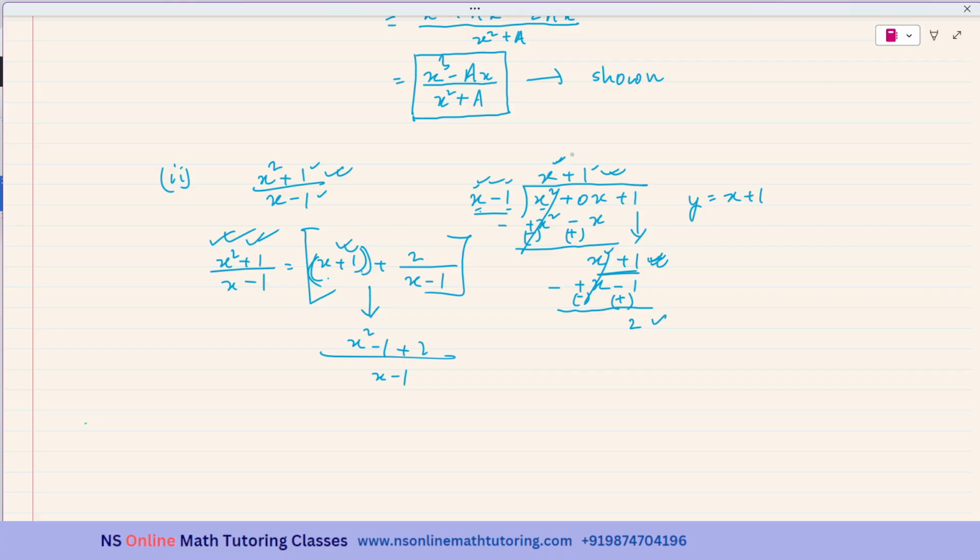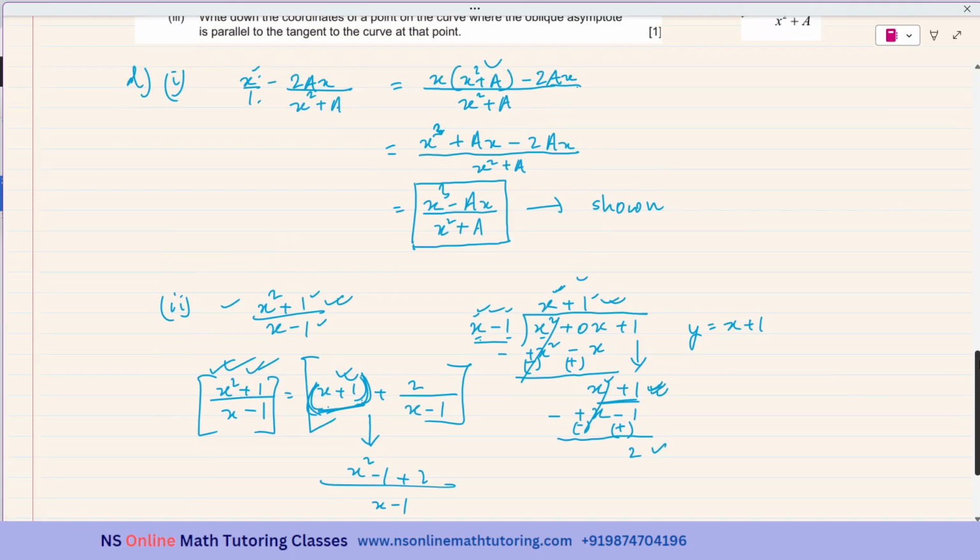If we perform the long division, this part will be the quotient of the long division. So y equal to this expression will be the equation of the oblique asymptote. Is this clear now? Now you may be able to relate why I have taken up this part.